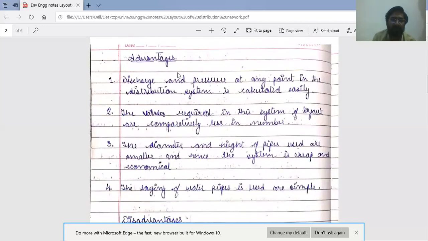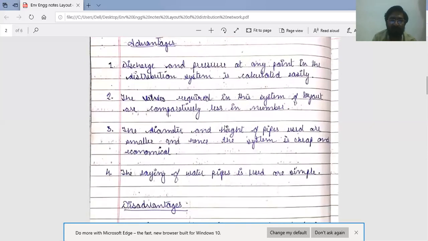Some advantages of this system are: first, discharge and pressure at any point in the distribution system is calculated easily. Design calculation is simple. The valves required in this system of layout are comparatively less in numbers.